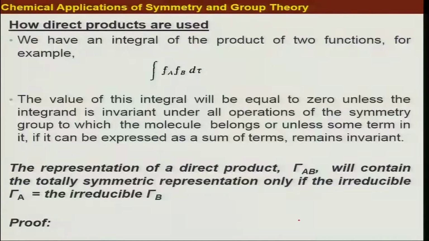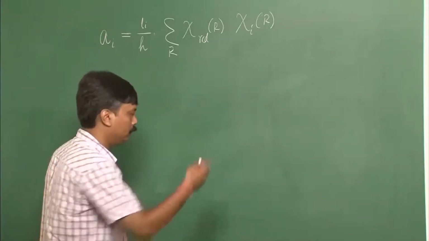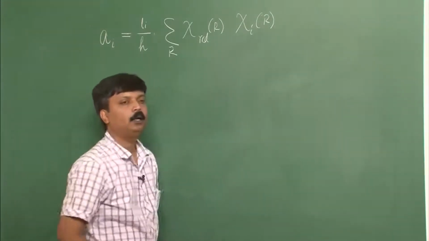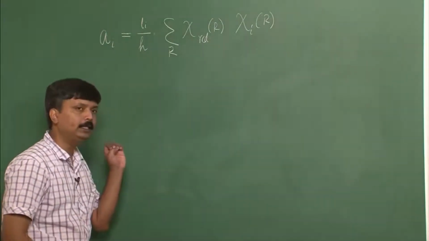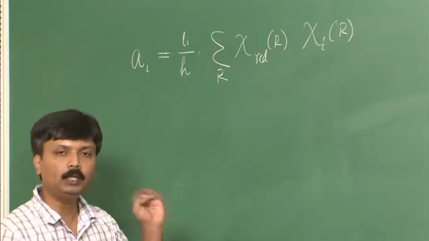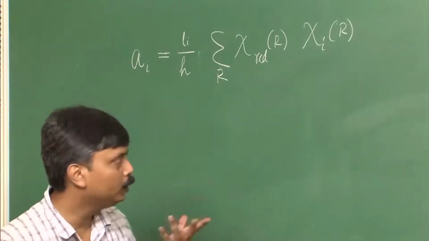So, this i represents one of the IRs of the point group, and here particularly we are interested in the totally symmetric IR, which is always represented by A1.